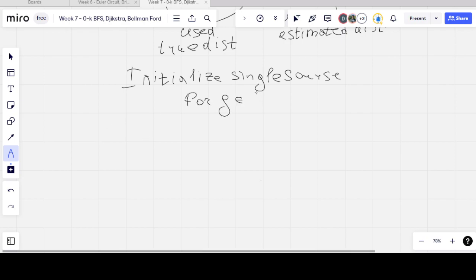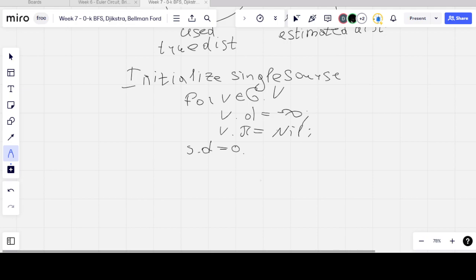For v belongs to G.V, we assign the distance as infinity, and the parent will be nil for all vertices, and s.d will be zero.